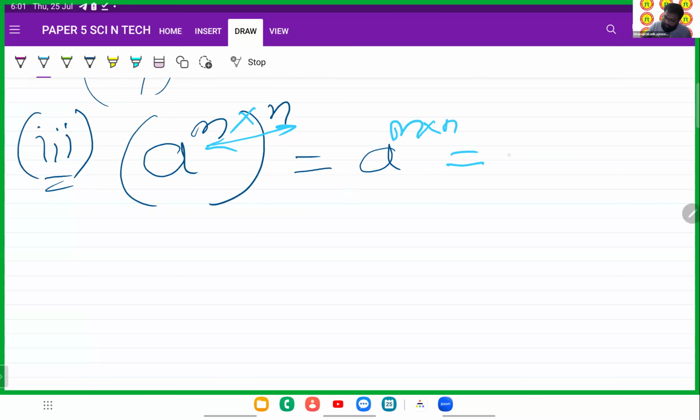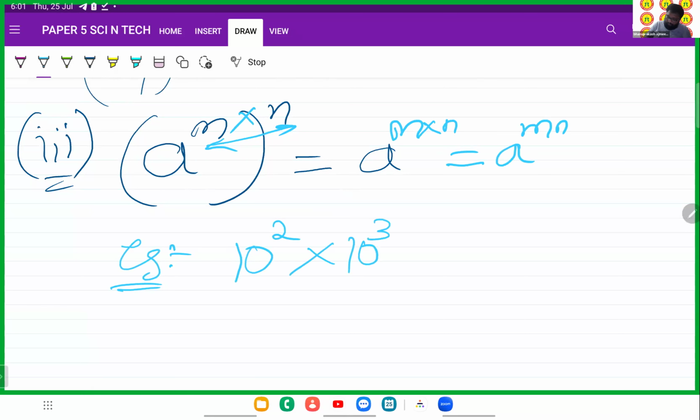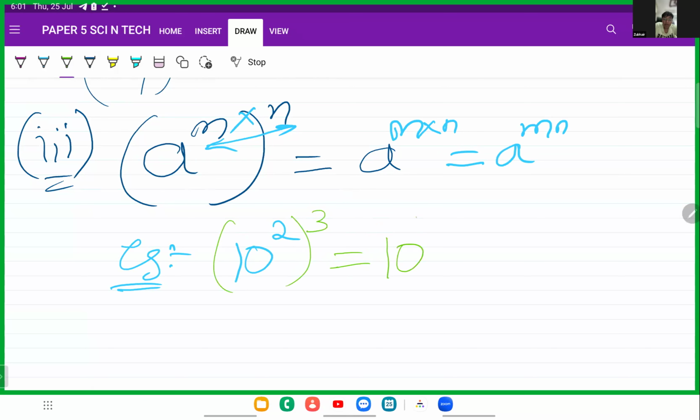Example is 10 square whole cube. What is it? 10 to the power of 6, sir. 2 into 3, that would be 10 to the power 6.